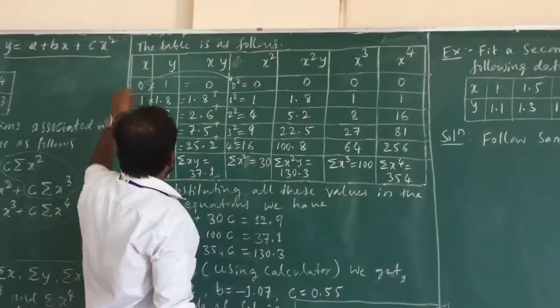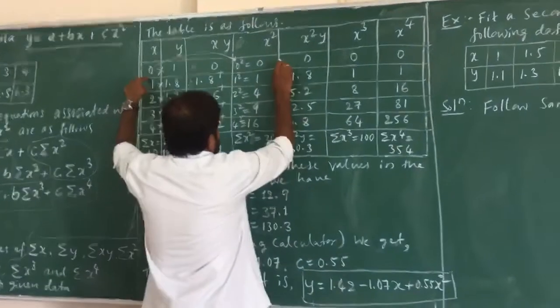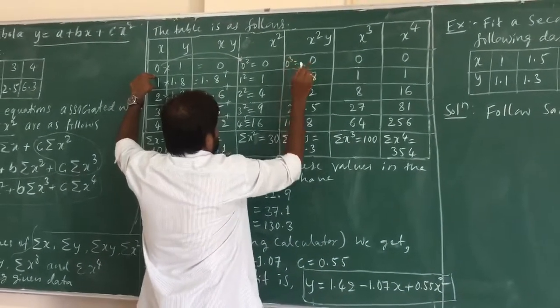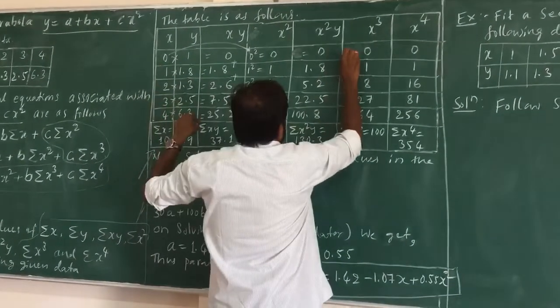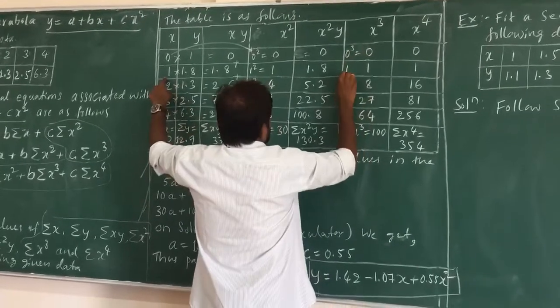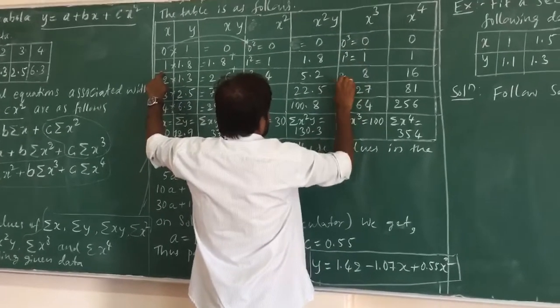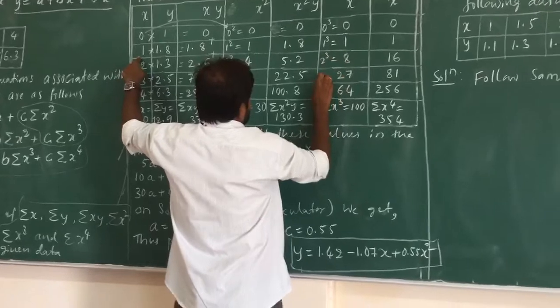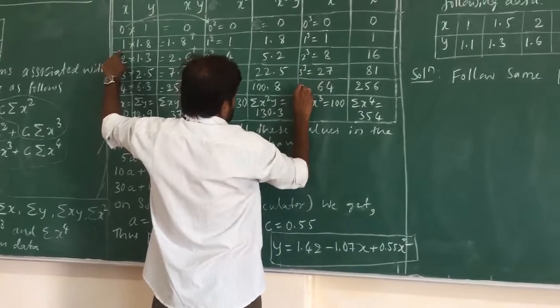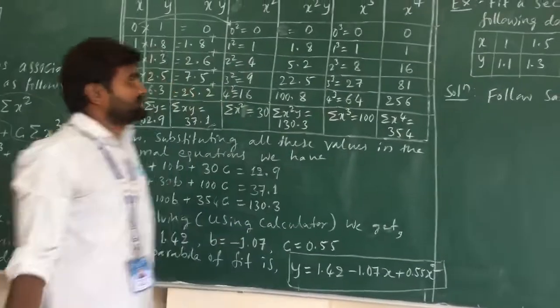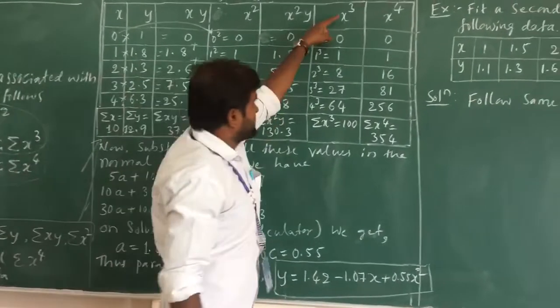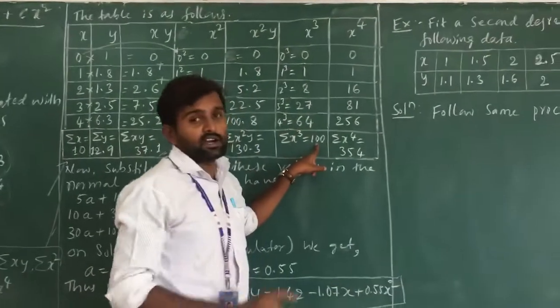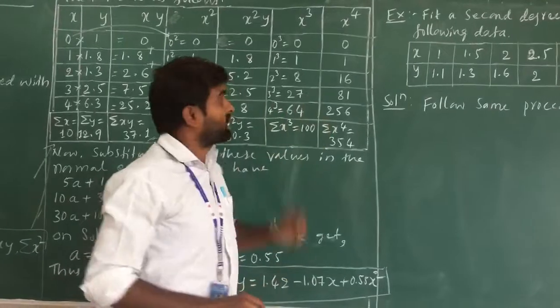Next, x cube. We need x cube. So 0 cube equals 0, 1 cube equals 1, 2 cube equals 8, 3 cube equals 27, then 4 cube is 64. After adding these values, that is 100. Sum of x cube is 100.